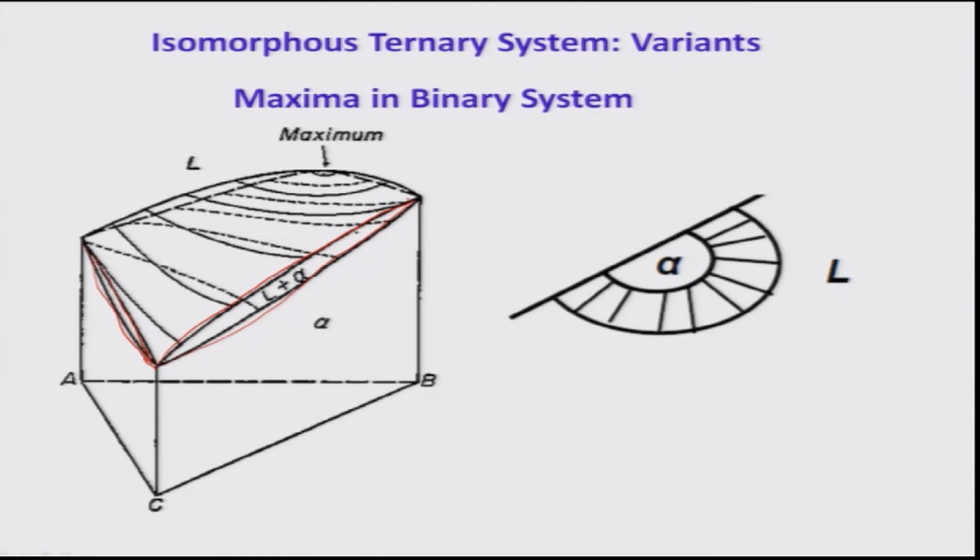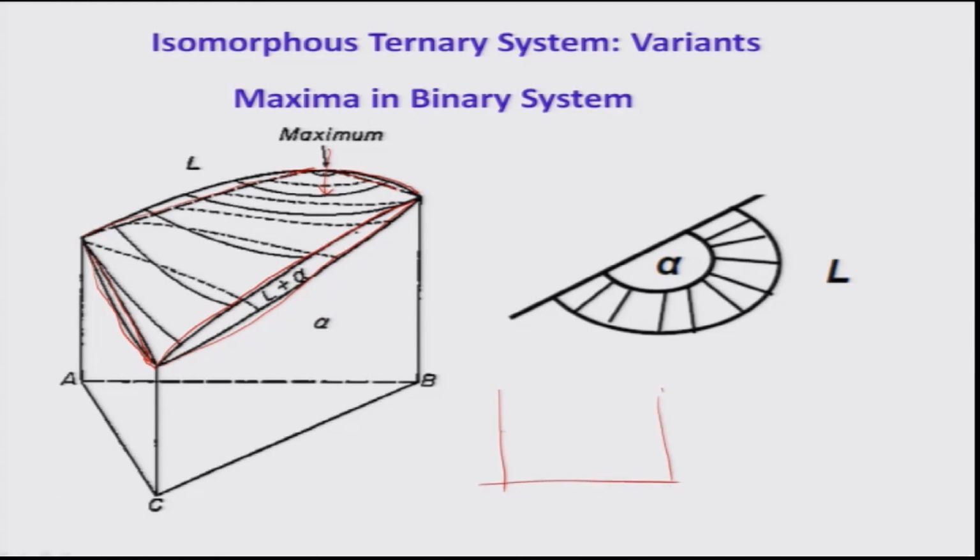What is that? It is like this and it merges here and then it moves, correct. So, basically this is a congruent melting liquid, not a separation in the liquid state, whatever I told you that is not correct.